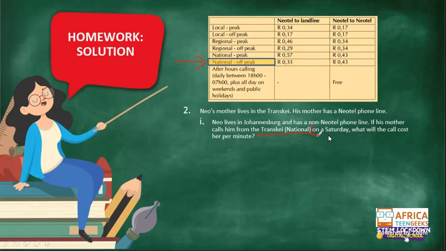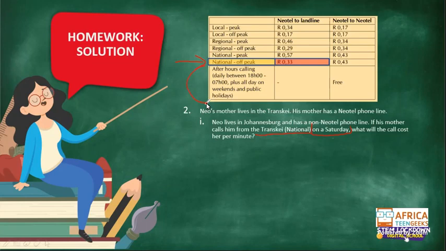Over here, it says on a Saturday. Okay, and we know, there we go. Thank you, Tiro. It's a Saturday. And if we don't know why, over here we can see what our off-peak is.